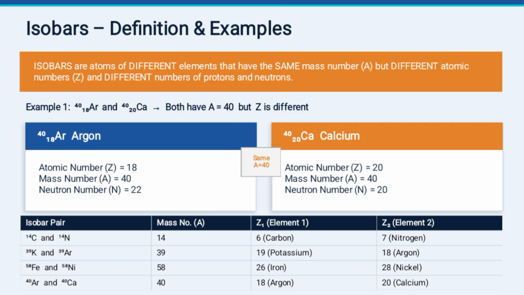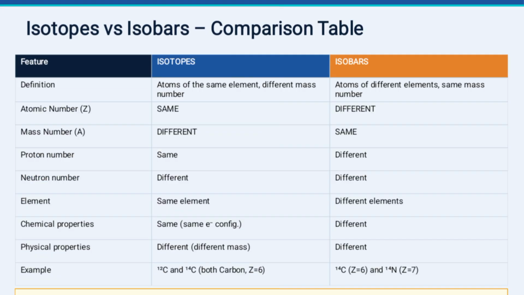Other examples are carbon and nitrogen, potassium and argon, iron and nickel, then argon and calcium that we just did. This is a comparison table between isotopes and isobars. Their definitions differ.